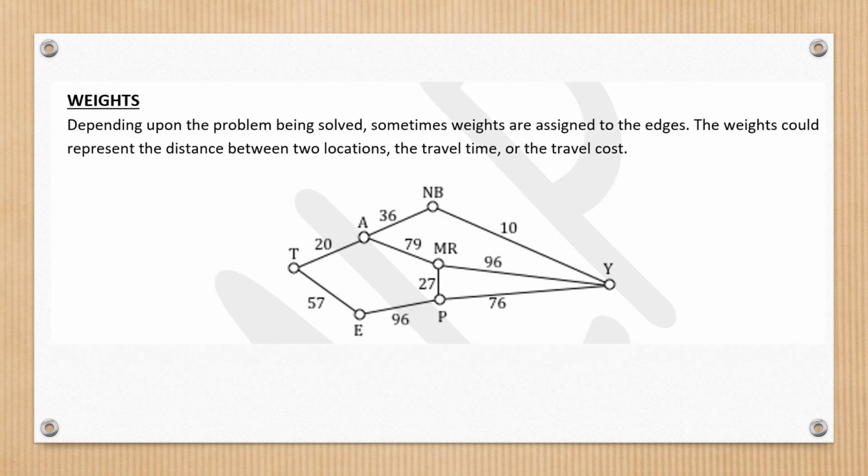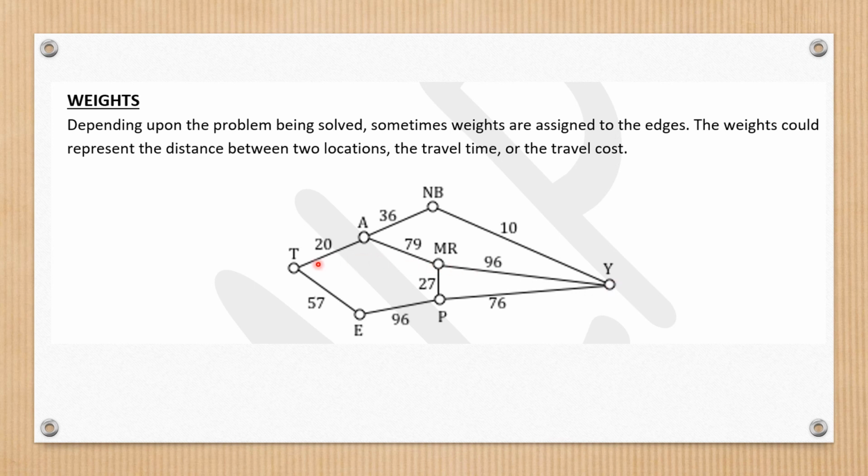Weights. Weights are numbers that are assigned to the edges. So, for example, the vertex NB going to vertex Y. These letters, maybe the vertices here represent places or locations.